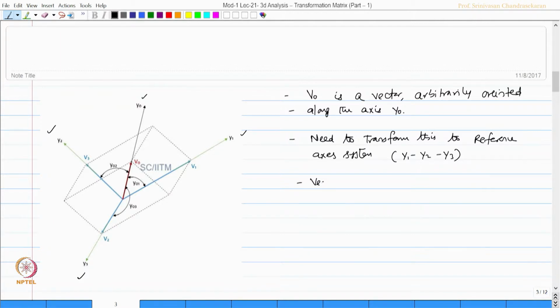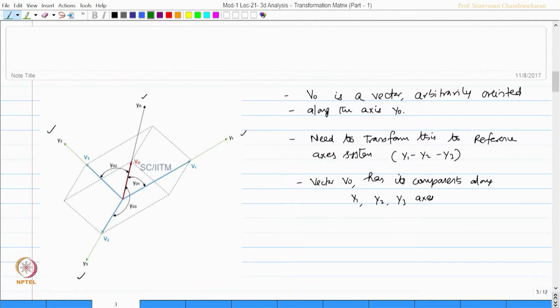Now, vector V0 has its components along the y1, y2 and y3 axes. To know its components, we should know the inclination or position of this vector with reference to these 3 axes. Let us look at this symbol.